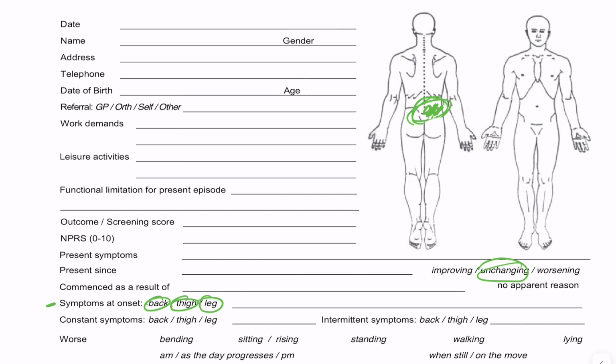So the symptoms at onset might be all of this, where current symptoms, present symptoms, might just be low back pain. So that's important. That would help us to understand if the condition is improving or worsening. Okay.